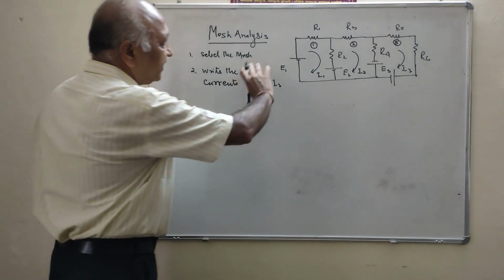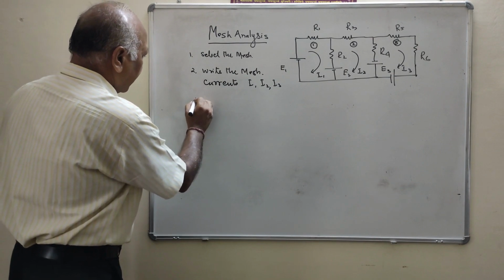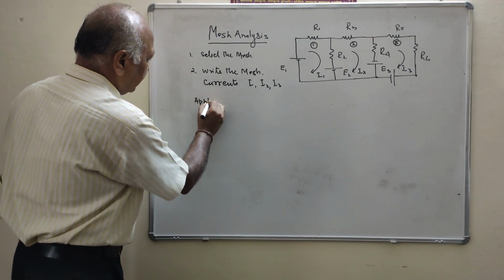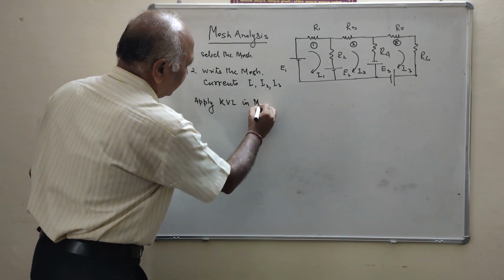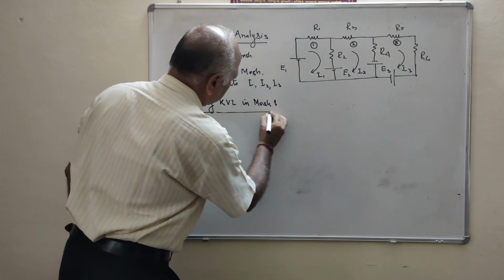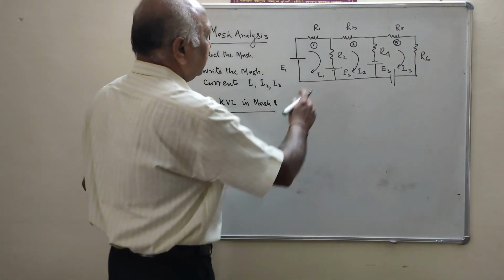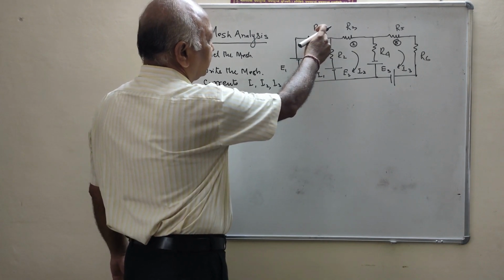Now we will write the equation. First, apply KVL in mesh 1. What is the drop? Here the current is I1, R1 is the resistance.